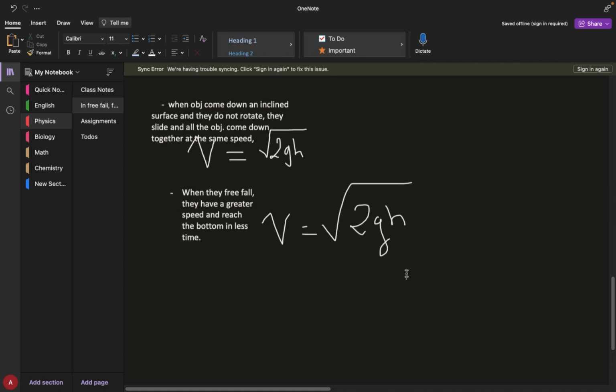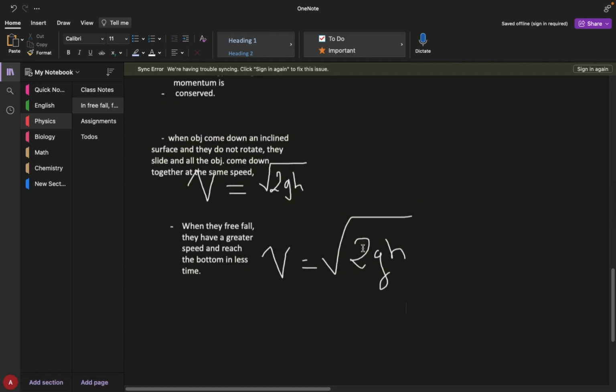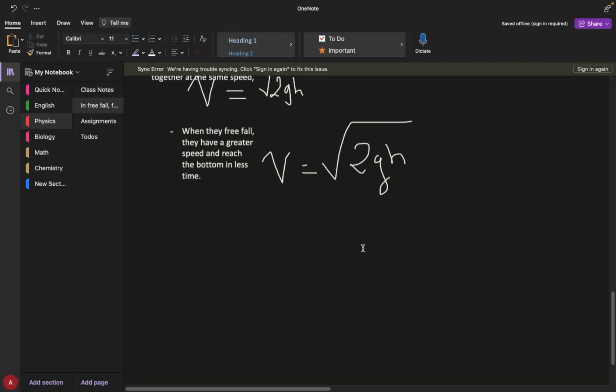We compared the speeds as to when it's rolling down an incline or free falling. I do not need to repeat myself. I believe by the time you reach this part of the video, you should be acquainted with all of this. And it says they reach the bottom in less time.